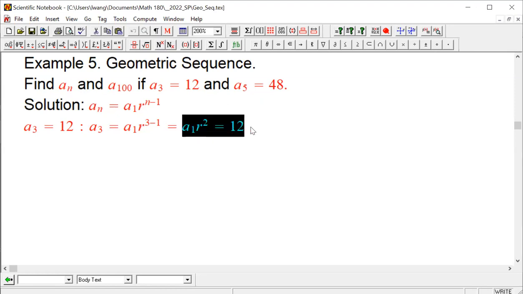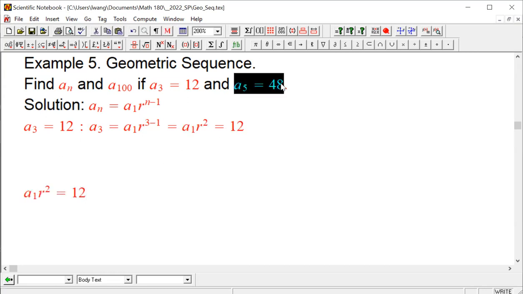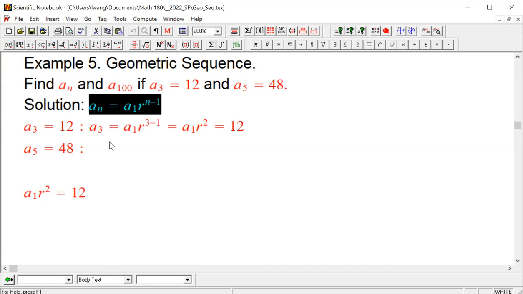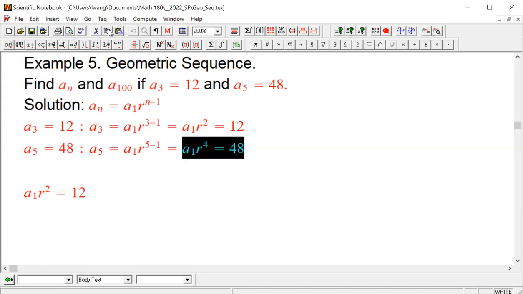So we get the first equation. And the second one: the fifth term is 48. We do the same substitution for index equals 5, which gives a sub 1 times r raised to the power of 4, and this time it equals 48. So now we get the second equation.